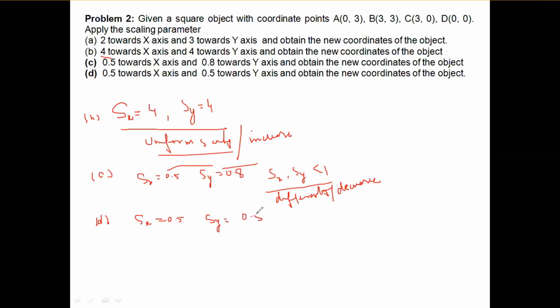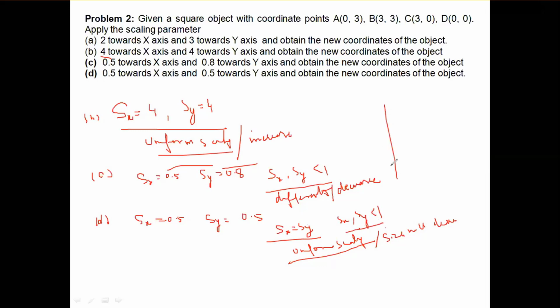In this case Sx is equal to Sy, both are equal, so this is the type of uniform scaling, and the size of the object will decrease because Sx and Sy are lesser than 1.